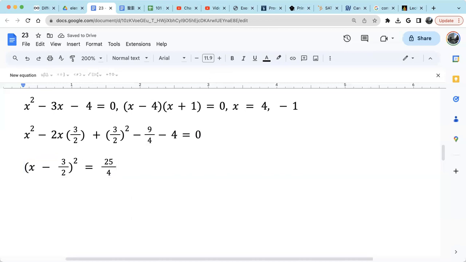Now I square root both sides. I have perfect squares now. I perform the opposite operation. And when I square root, I always do plus or minus, 2 values.